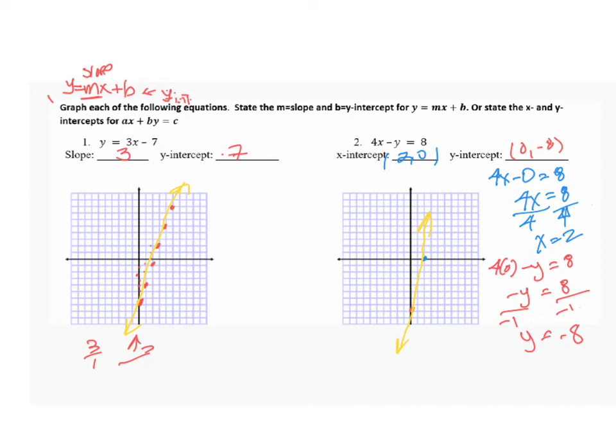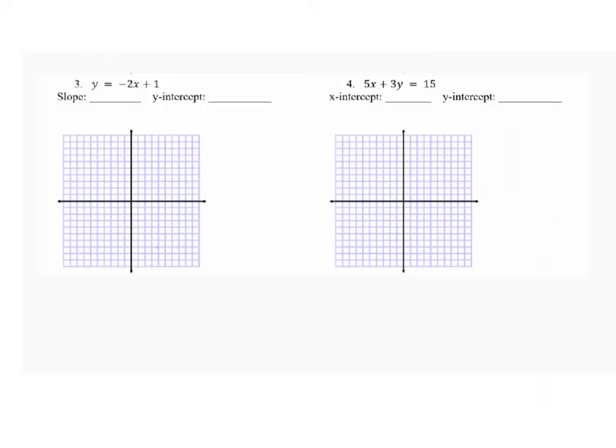Alrighty, remember you can pause this video at any time. So, in y equals mx plus b, m is the slope, b is the y-intercept.